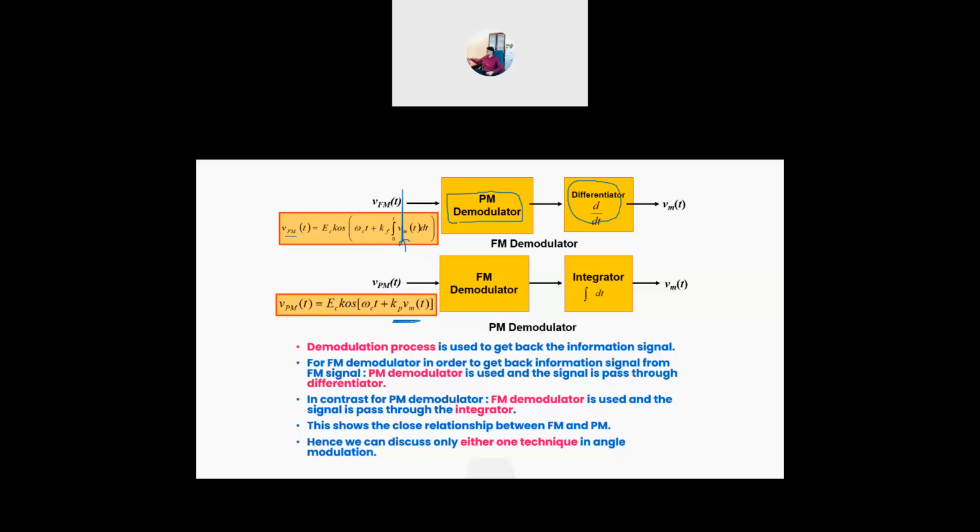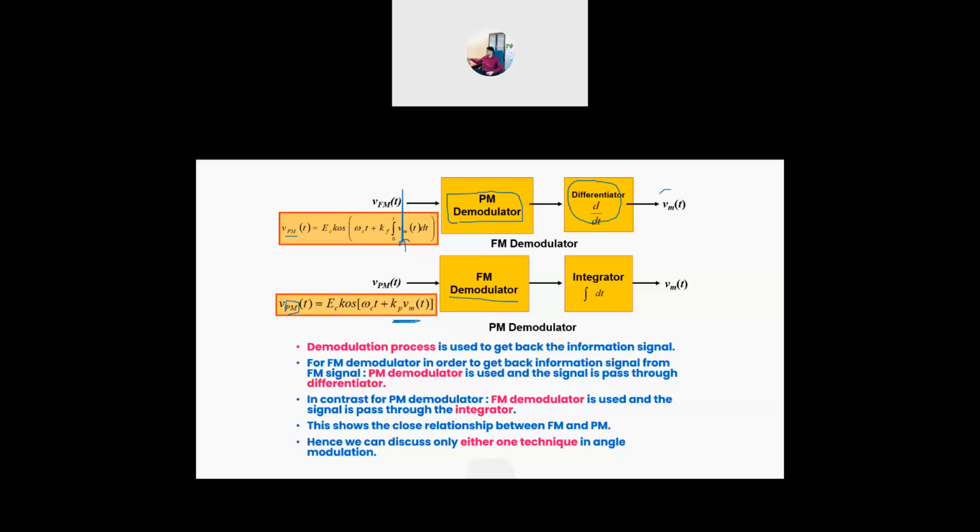Similarly for the phase modulated signal, if you have an FM modulator at the generator, you're going to have an FM demodulator at the receiver side. Then you're going to have an integrator.